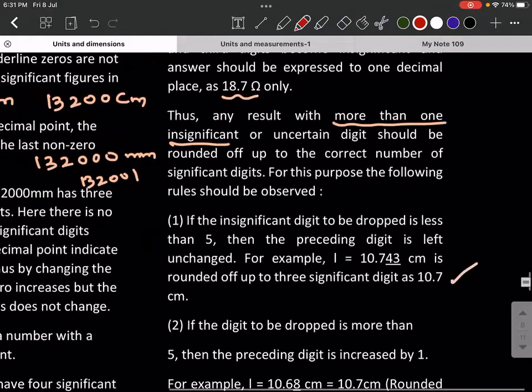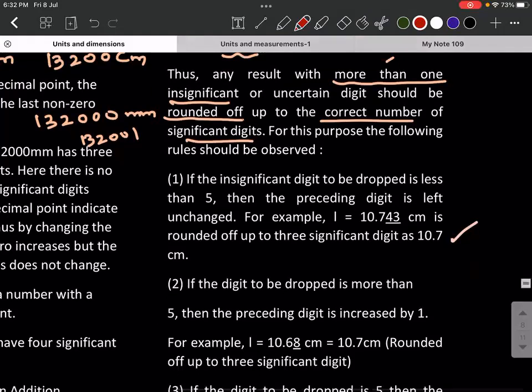So I'm reading this reason. Thus, any result with more than one insignificant or uncertain digit should be rounded off up to the correct number of significant figures. For this, there are certain rules that we are going to follow. The first rule is, if the insignificant digit to be dropped, in the sense which is to be ignored, is less than 5.